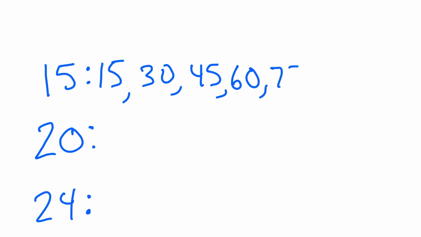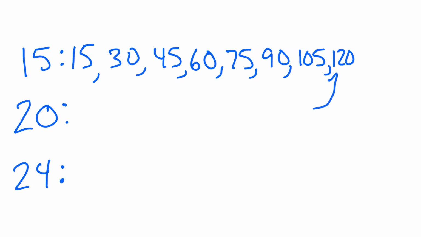Here's 15. The multiples of 15 are 15, 30, 45, 60, 75, 90, 105, 120. Stop. 120 seems like it has potential. So, I'm going to look at 120. I'm going to divide it by 20, and that's 6.